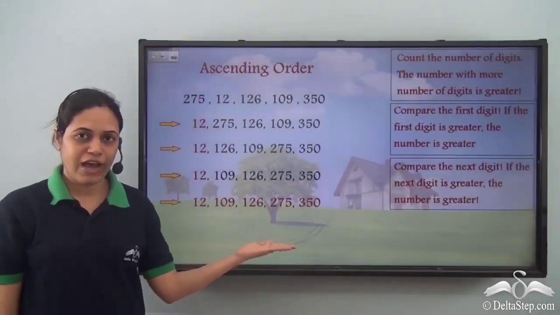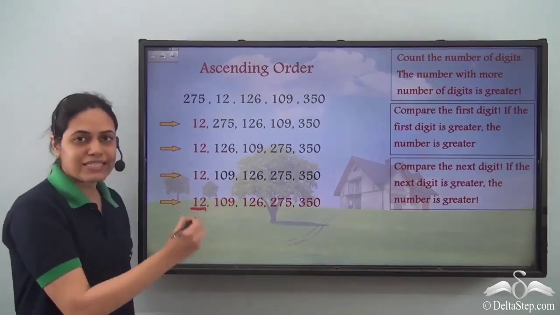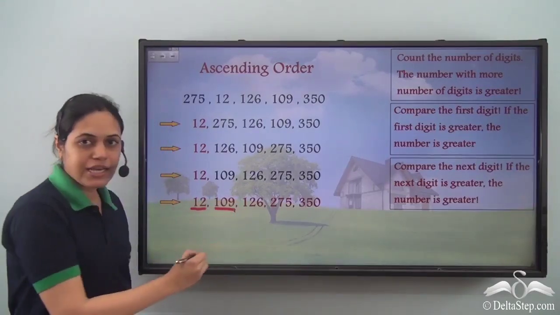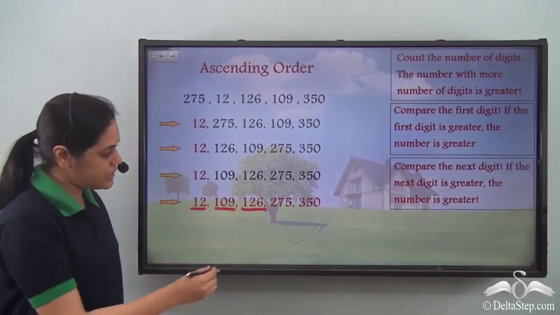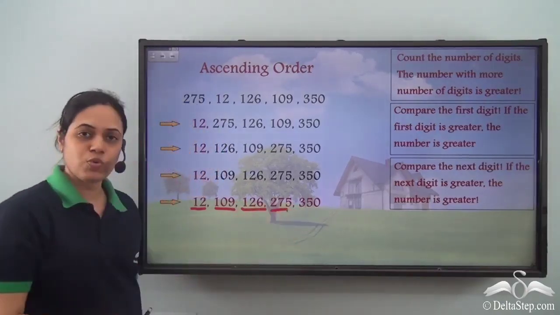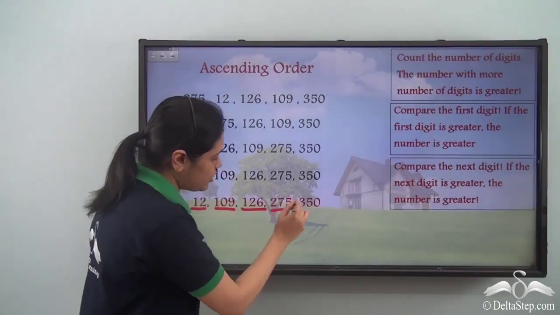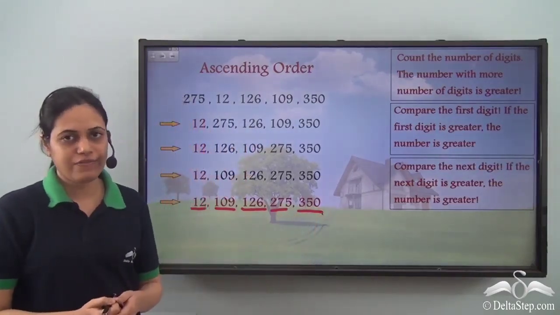So this is what we have here. So we see that 12 is less than 109. 109 is less than 126. 126 is less than 275. And 275 is less than 350.